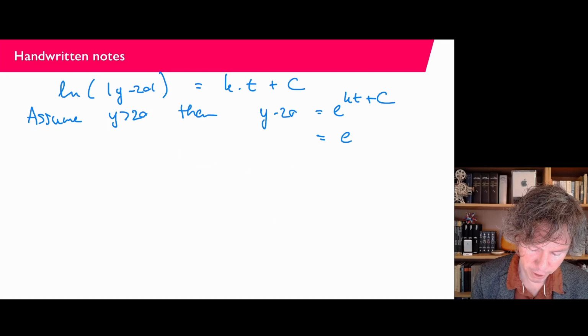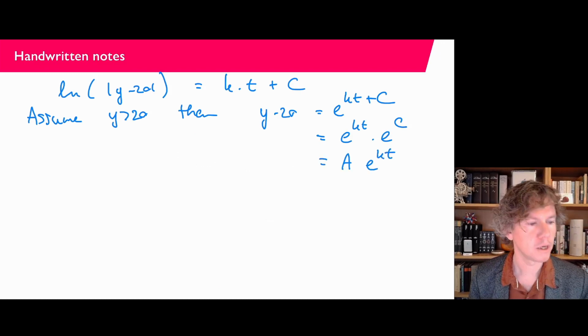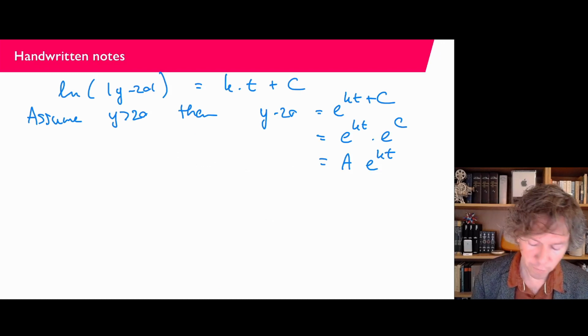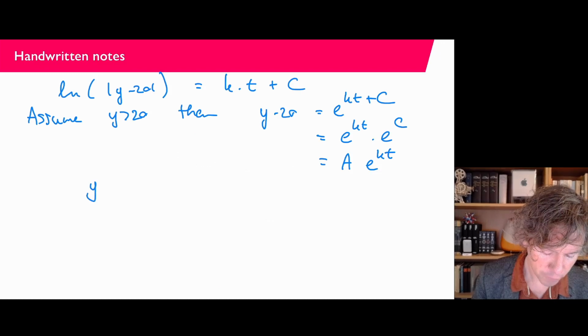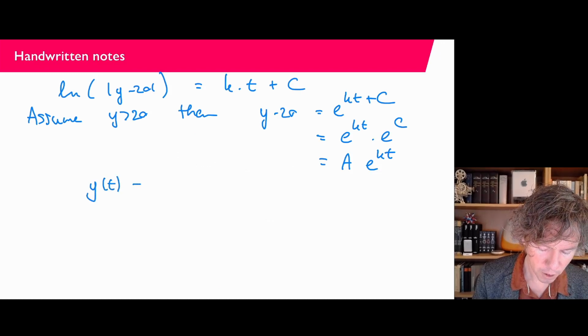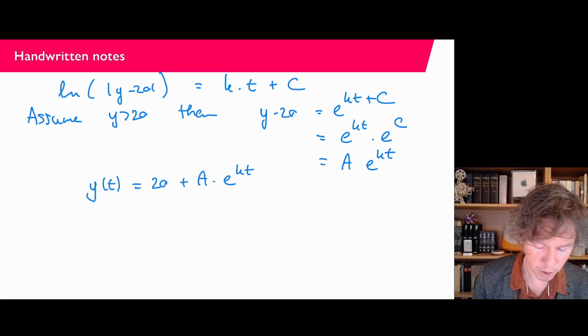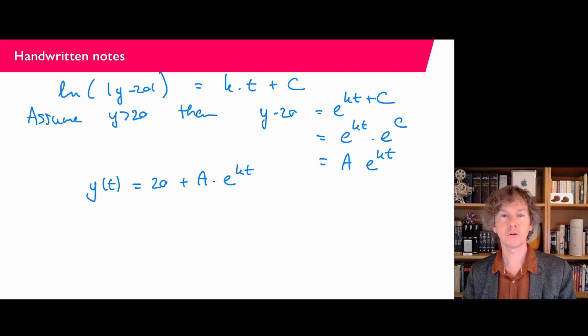As before, that's e to the power kt times e to the power c, which is a new constant, a, times e to the power kt. So apparently what we find is that the coffee temperature, y of t, equals 20 plus a times e to the power kt. So this is the temperature development in time.